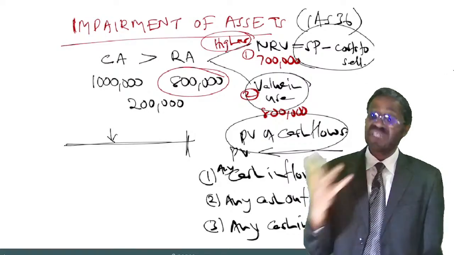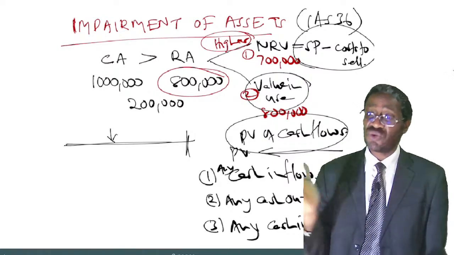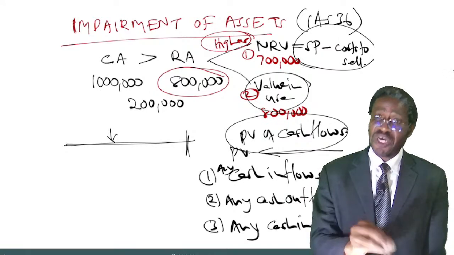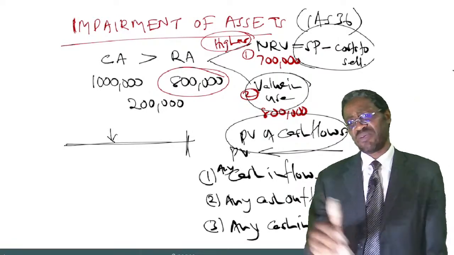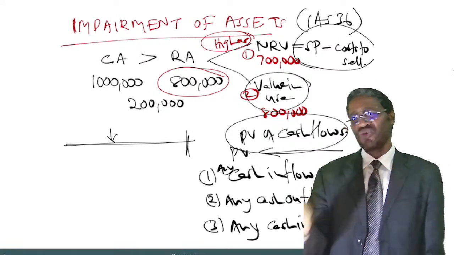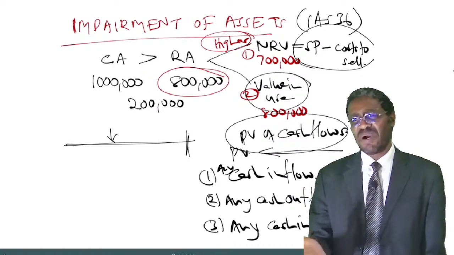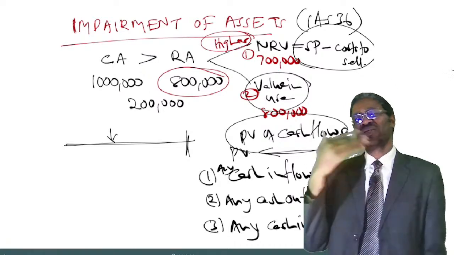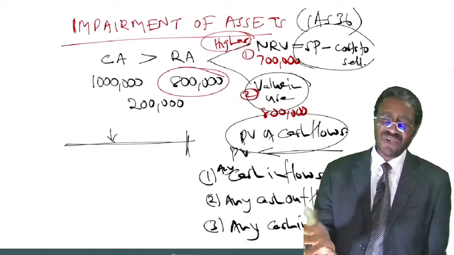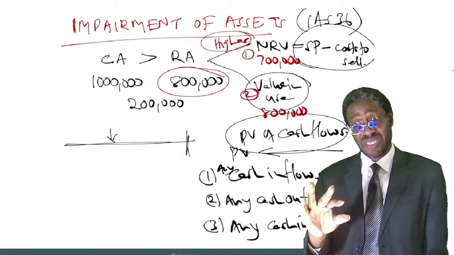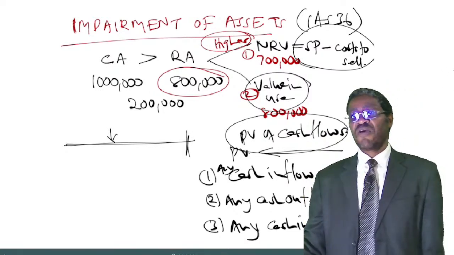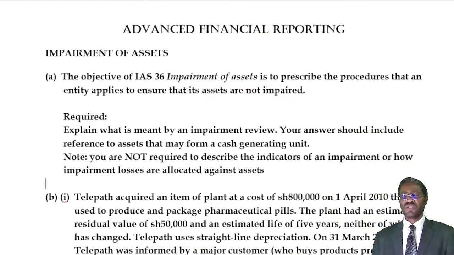That's what you are saying is the impairment review. The process of determining whether an asset has suffered an impairment loss or not by comparing the carrying amount with its recoverable amount. Of course, you can tell the examiner how to get the recoverable amount. It is the amount that is considered to be the higher of net realizable value and value in use. For the other part of the question, I have not talked about it for now.